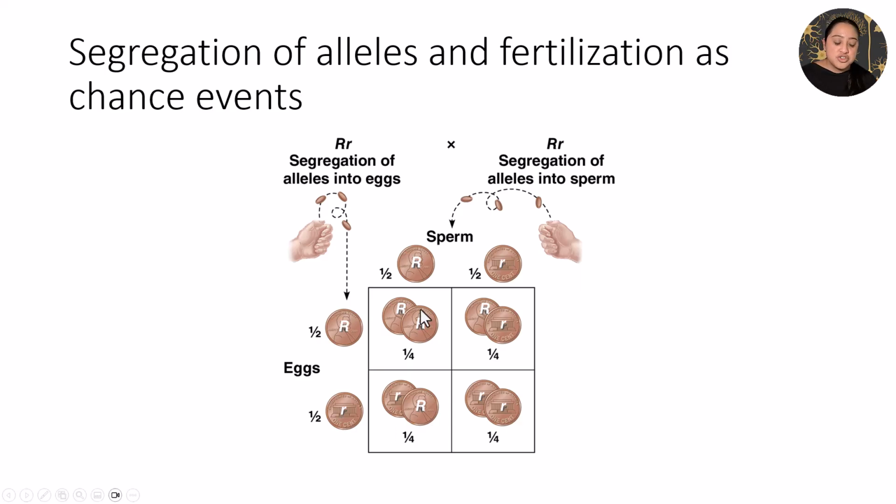For each possible fertilization outcome, the chances are 1 out of 2 times 1 out of 2. Like what are the odds that if I do this twice, it's going to be heads up both times? Each of these probabilities has to happen. So you multiply 1/2 times 1/2, and you get 1 out of 4 as the probability that an offspring will end up homozygous dominant. It will get 2 copies of the big R.